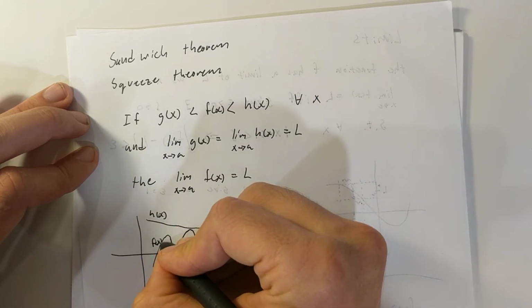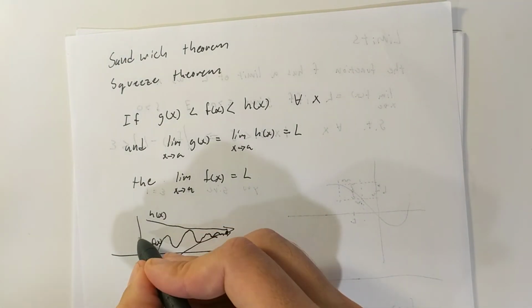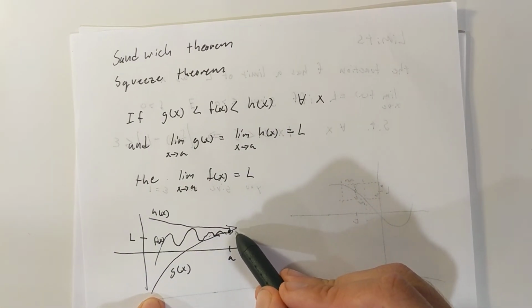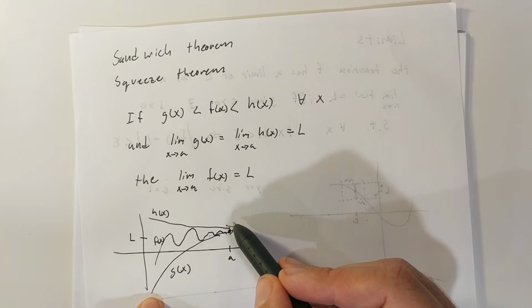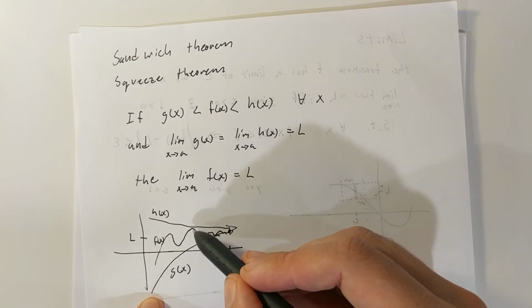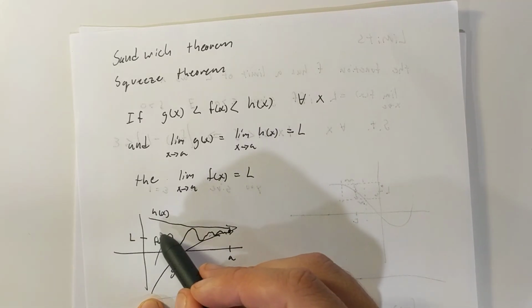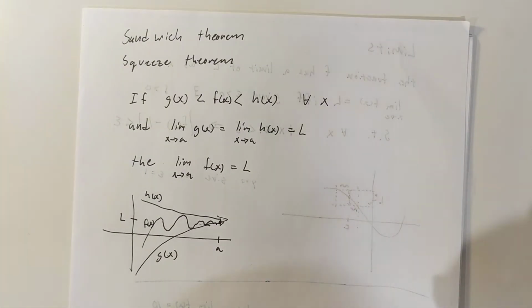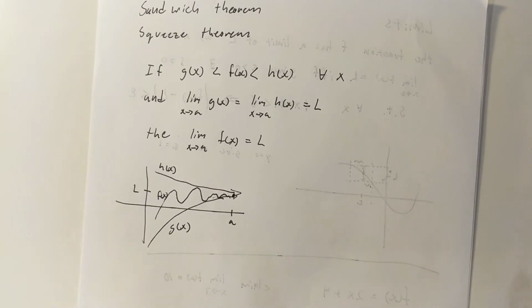So this one's f of x. Well, if we know that g of x limits out to L, and we know that h of x limits out to L, and f has to be in the middle of those two, then it must also limit out to L, right? So basically, if you can squeeze it in between.